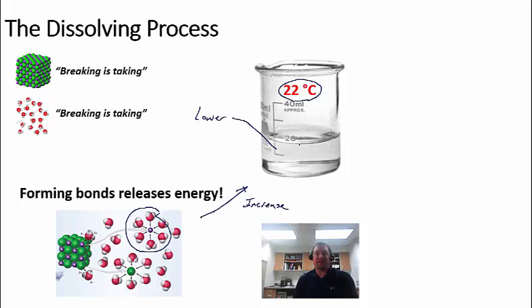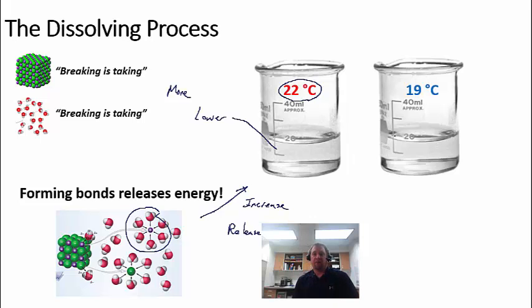Whichever one wins is the one that's successful. So let's say the breaking takes more energy than this releases. Then the temperature of the water is going to go down, maybe to 19 degrees. If the energy released when these are formed is greater than the cost of what it took to break those bonds, then your temperature is going to go up, maybe to 28 degrees Celsius.